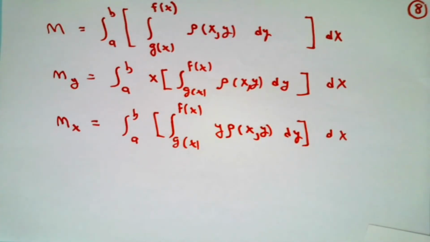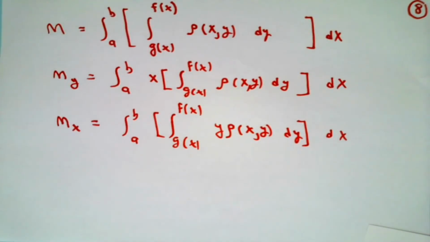And not to repeat myself too many times, these integrals are not as bad as they look, because when you do the ones inside the brackets, you treat the x as a constant and y as the only variable. So in the back of your head, when you see the x in the inside integral, just pretend that it's a constant value of 3 or something.